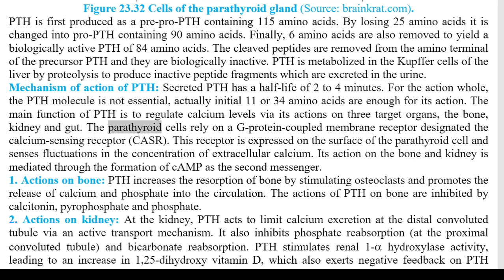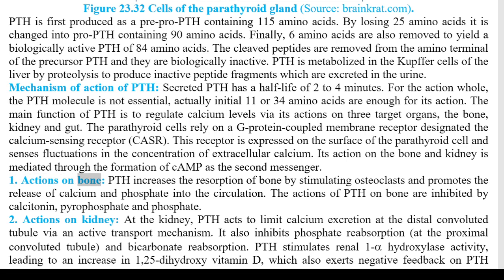The parathyroid cells rely on a G-protein-coupled membrane receptor designated the calcium-sensing receptor, CASR. This receptor is expressed on the surface of the parathyroid cell and senses fluctuations in the concentration of extracellular calcium. Its action on the bone and kidney is mediated through the formation of cAMP as the second messenger.